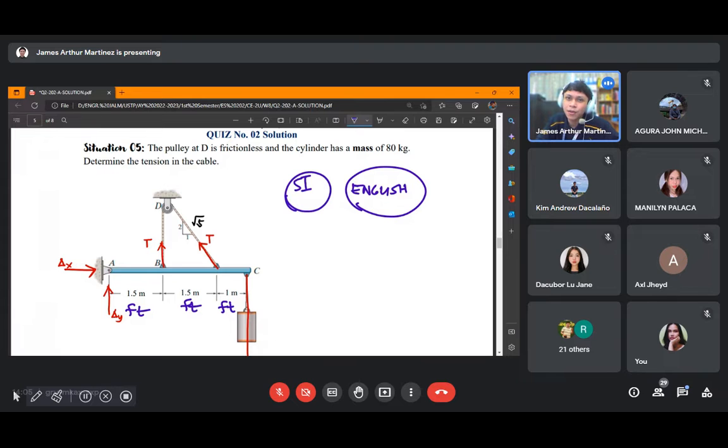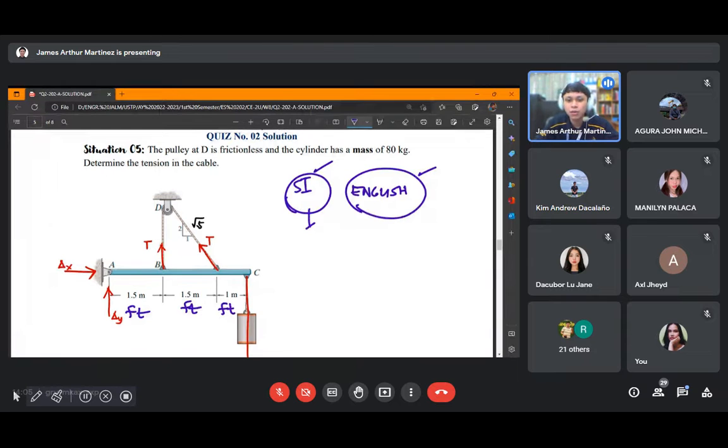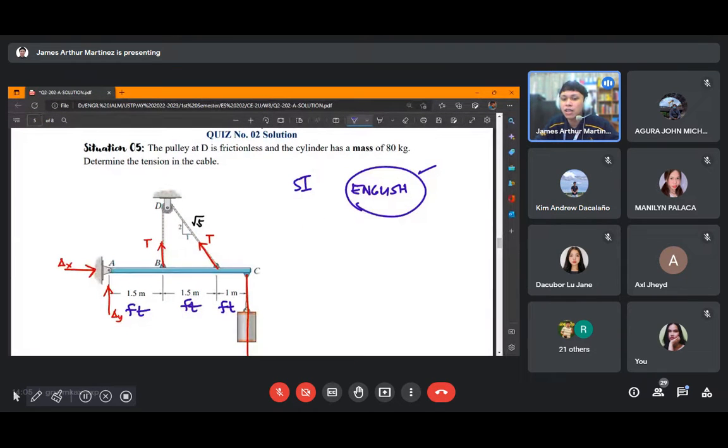You don't have an idea what the correct answer set in the answer key is, and what I set as the correct answer is in SI units. It would be unfair if you answered in English and got the correct value of 40, but what I set is SI. So I decided to exclude it, but although excluded, we will still discuss it today.